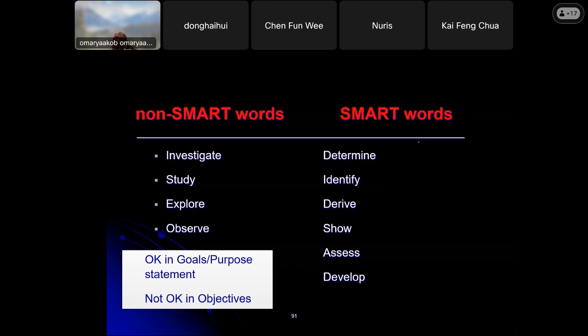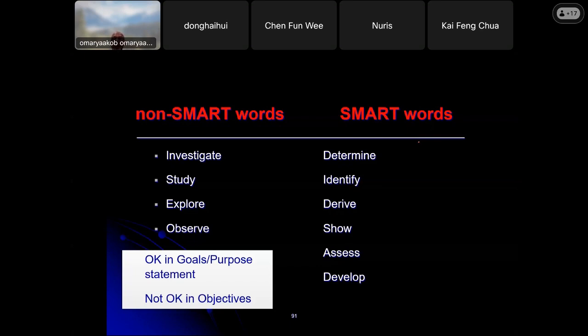In goals, most of the time we say to investigate, because investigate is very wide. The whole study is about investigation. The whole research is about investigation. For example, John is investigating the effect of sugar amount on the size of bread. Yeah, that's investigation. But when he goes to his objective, he cannot use investigate anymore.